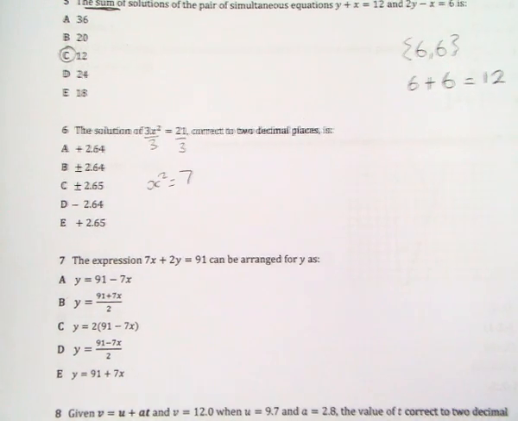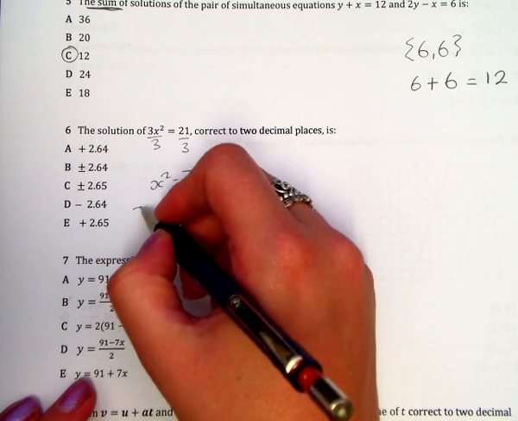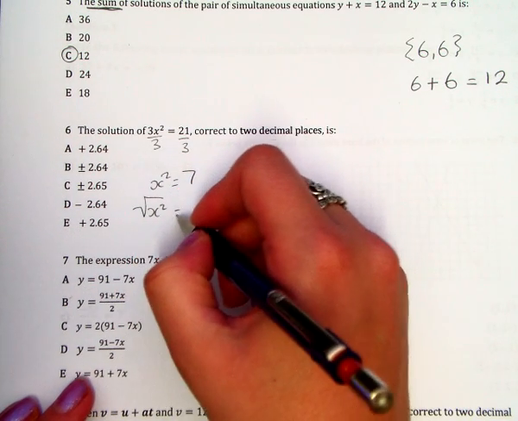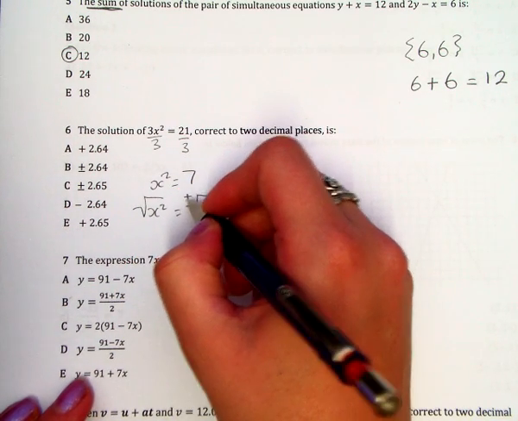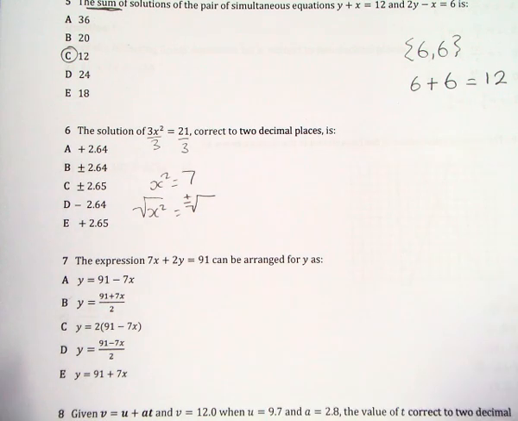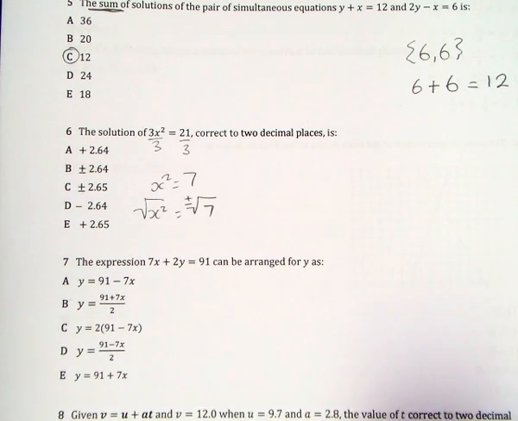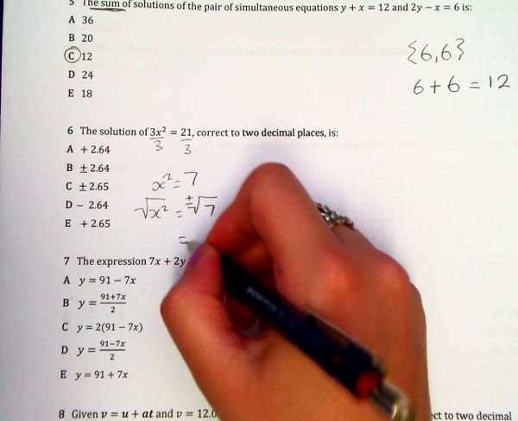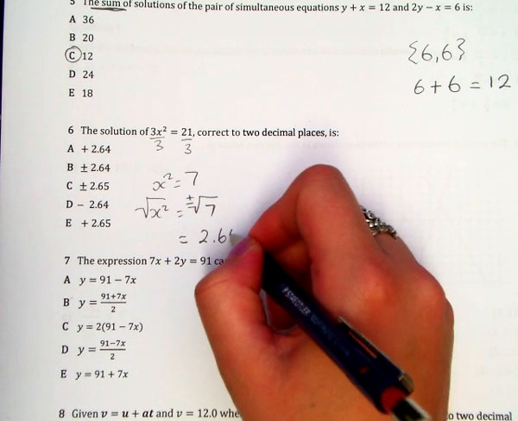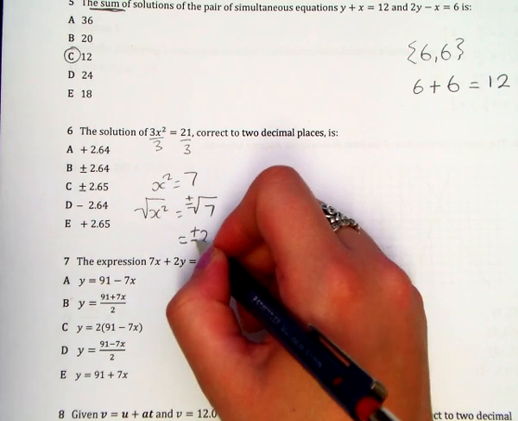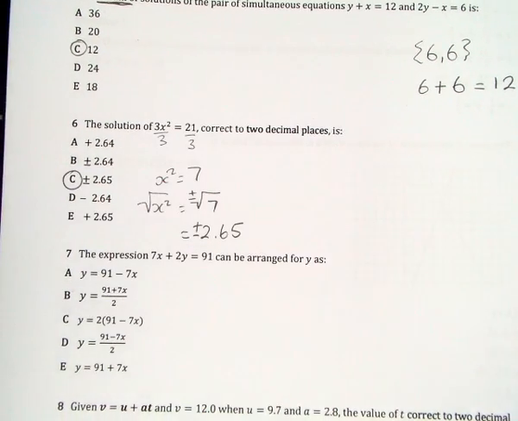And then we need to take the square root of both sides. So if we take the square root of both sides, we've got to remember that we're taking the positive or negative when you take the square root. So the positive or negative square root of 7, which on our calculators is equal to 2.65, and it's the positive or negative, so option C.